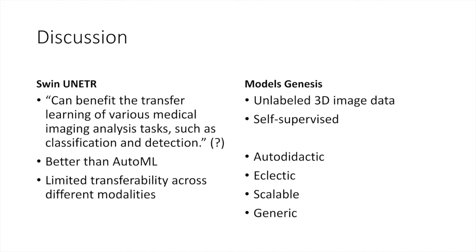Third, scalable. Compared to Swin UNETR, Models Genesis uses only one task for different transformations. Therefore, even if one wants to add more transformations for the purpose of learning more features, there's no need to use more task-specific heads. Lastly, Models Genesis is very generic.